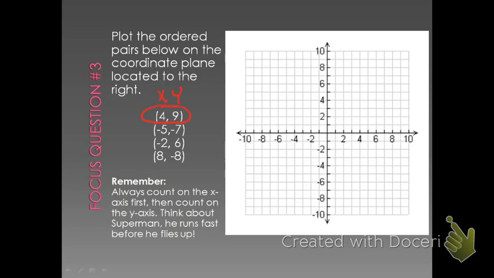Because the 4 is positive, we'll start at our origin and count to the right over 4. And then because our 9 is also positive, we'll go up 9. Your point is the final destination, so this point is 4, 9.